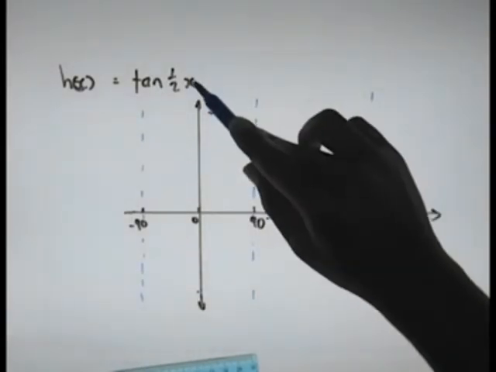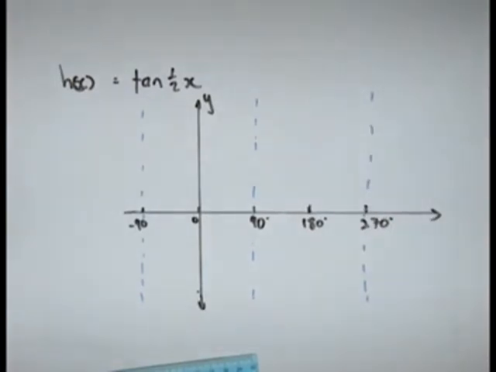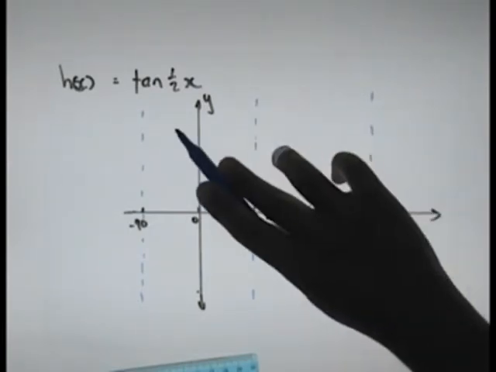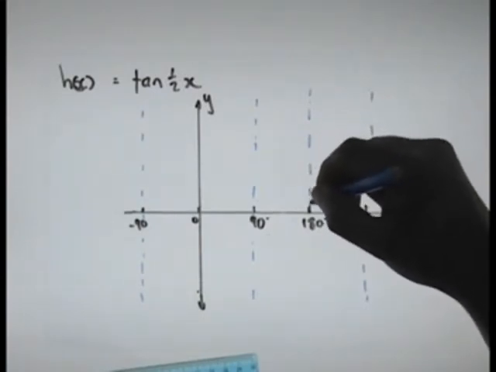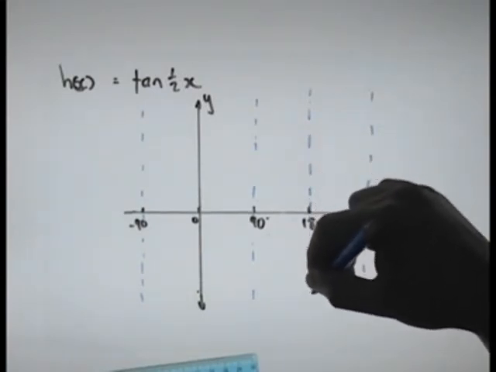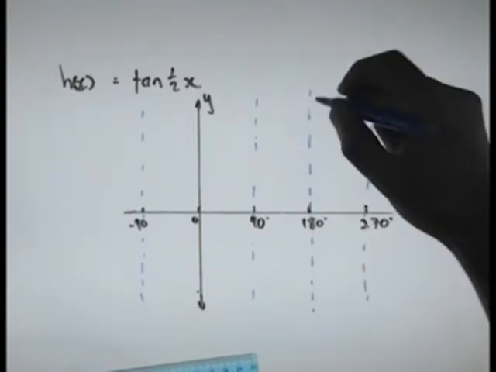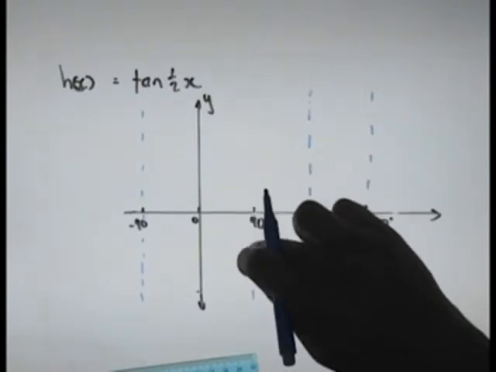But what happens when x is equal to 180 degrees? When x is equal to 180 degrees, that's going to be tan of a half times 180, which is tan of 90. Tan of 90 is undefined, hence 180 degrees is a new asymptote and not 90.